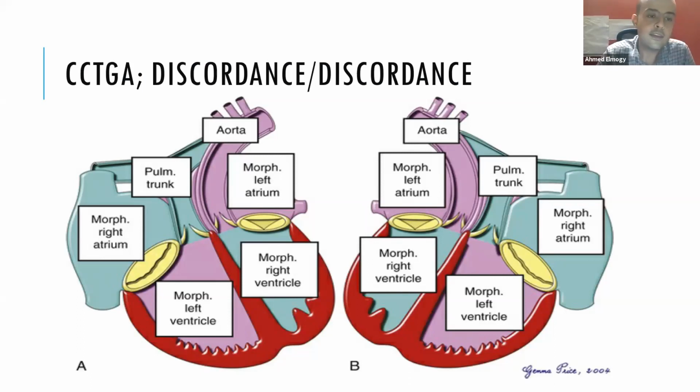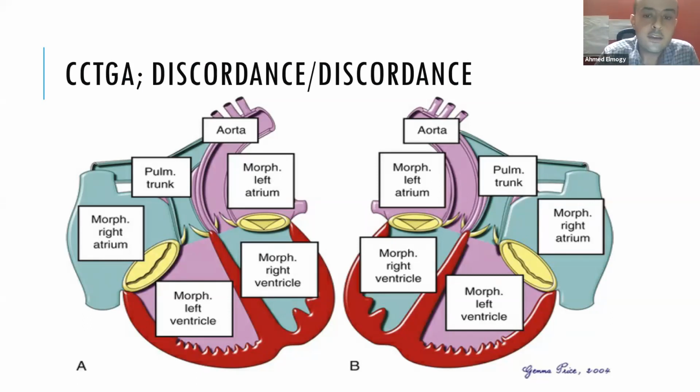So the photo on the left side shows normally arranged atria, in which the morphologically right atrium on the right side is connected to the morphological left ventricle, which is connected to the pulmonary artery. And on the other hand, the morphologically left atrium is connected to the morphological right ventricle, giving rise to the aorta.